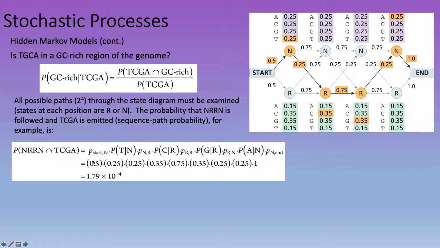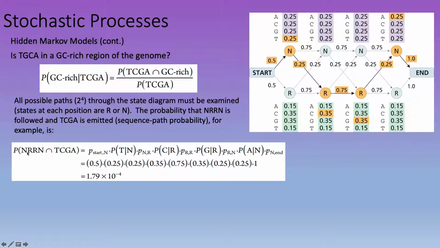So calculating that out, it's 0.5, 0.25, 0.25, 0.35, 0.75 times 0.35 times 0.25 times 0.25 times 1.